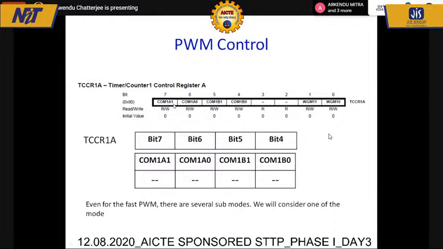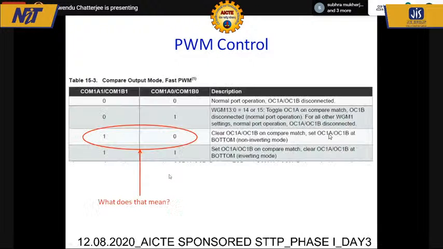That goes from COM1A1 to COM1B0. These bits were remaining in our TCCR1A register. Now these bits will control the sub mode of the fast PWM. Let us see a table in the datasheet, Table 15.3.